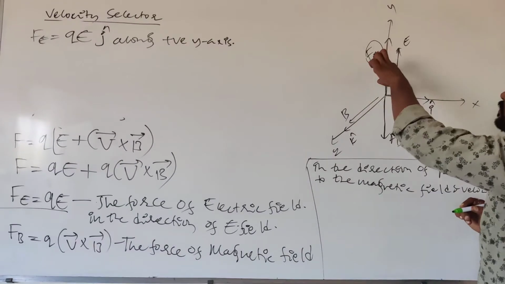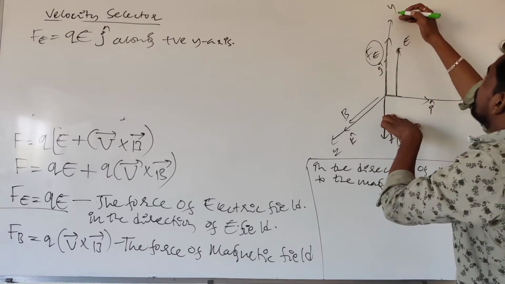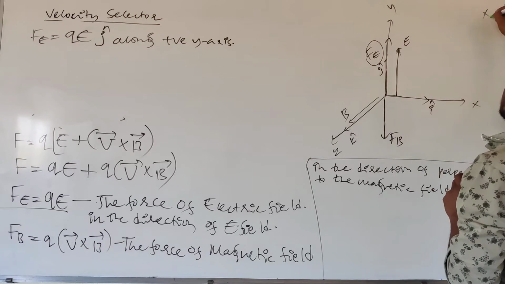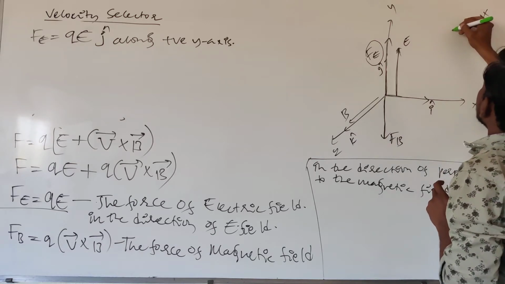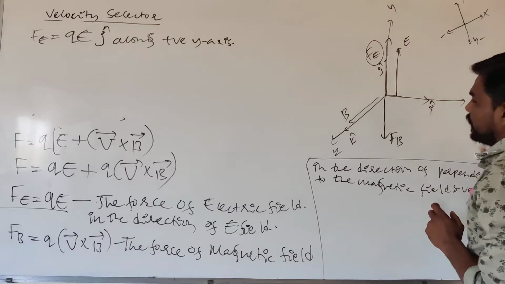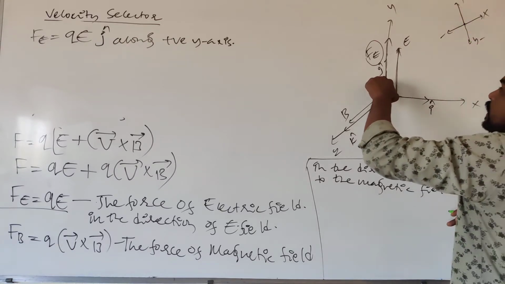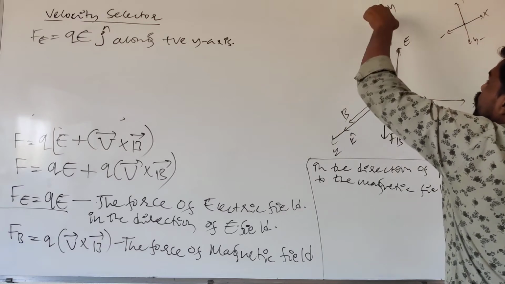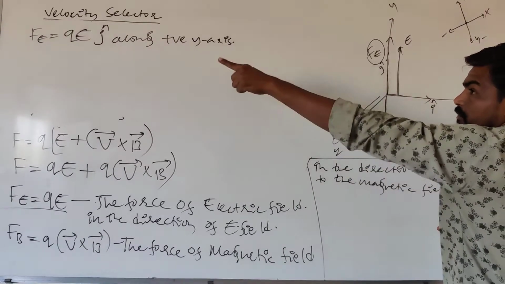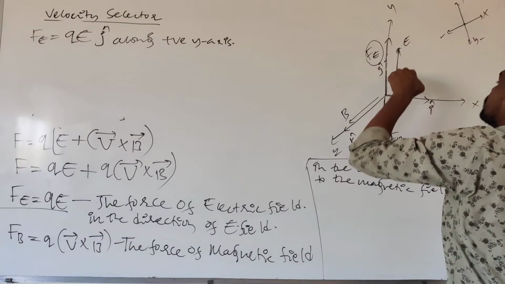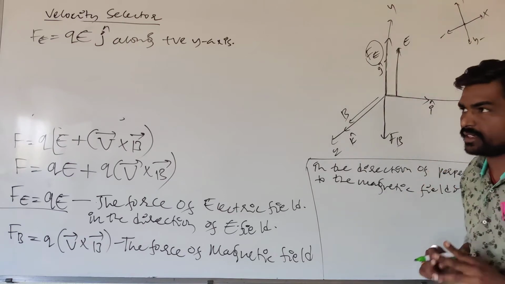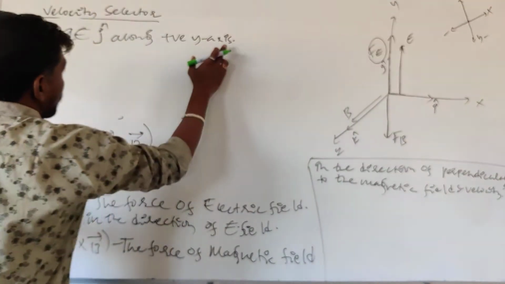Here FE along j cap is along the y axis, the positive y axis, right.